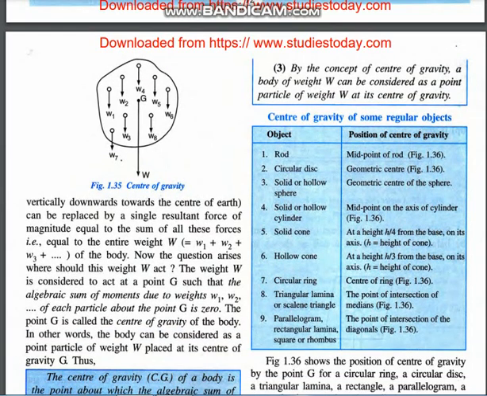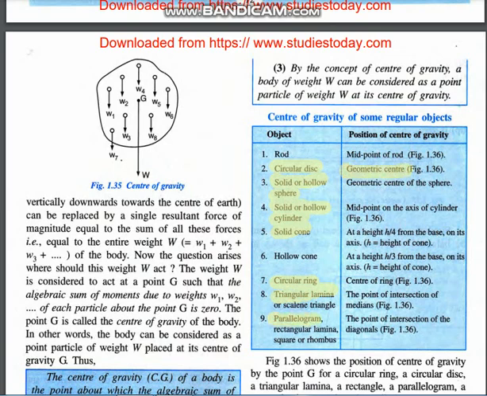Next, remember certain of these. Actually remember everything, but for now, the most important ones: circular disc, solid or hollow sphere, solid or hollow cylinder, solid cone, circular ring, triangular lamina, and parallelogram.